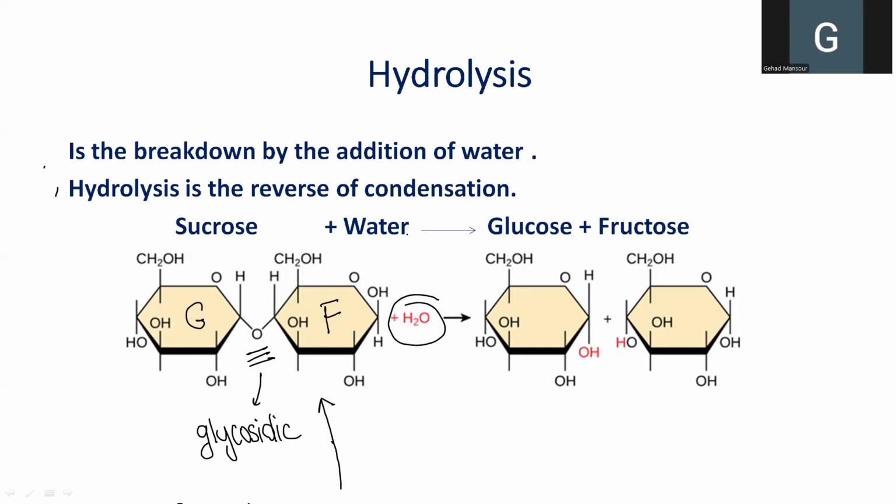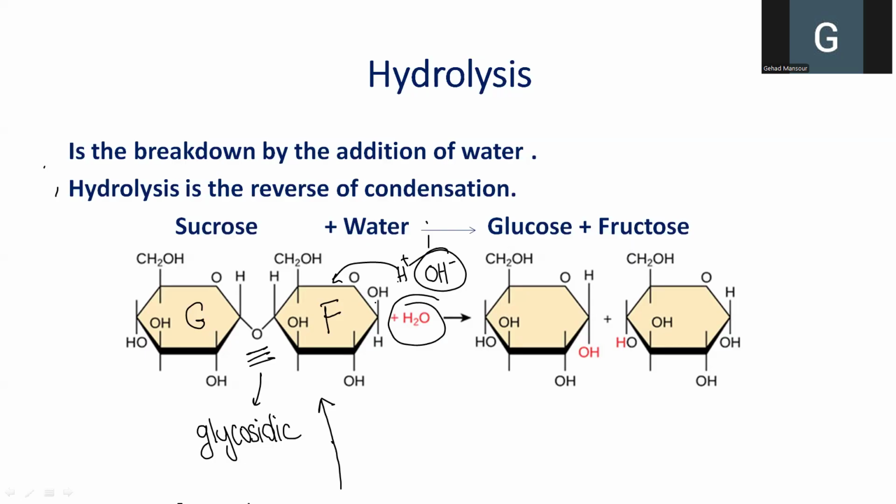In such a case, water will dissociate into OH and H. One of them will take the H and the other one will take the OH. And in such a case, they wouldn't be forced to bind together and they will separate again into glucose and fructose. And this is simply what we studied in digestion.